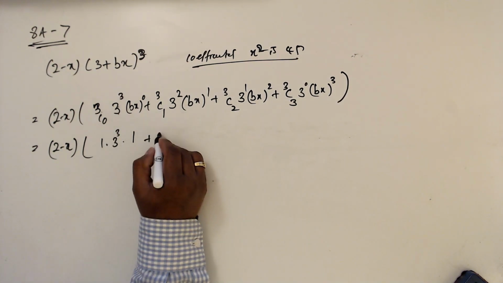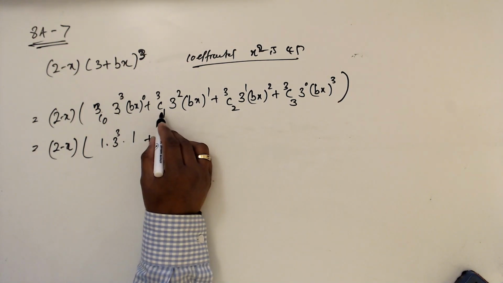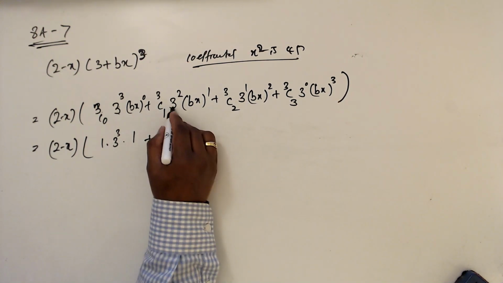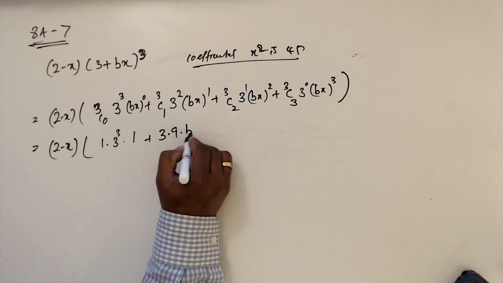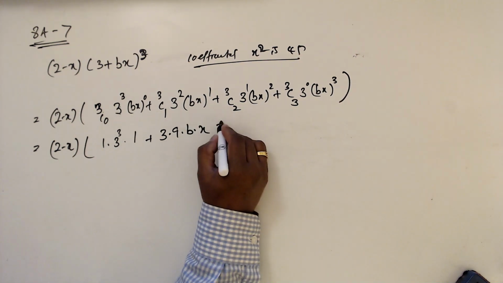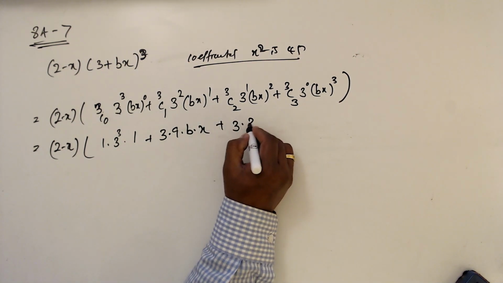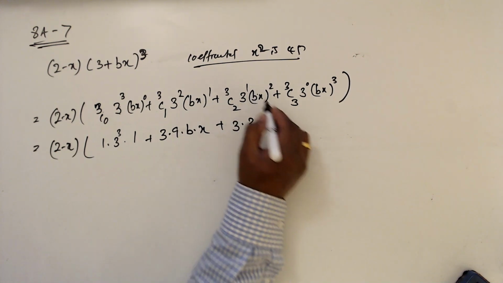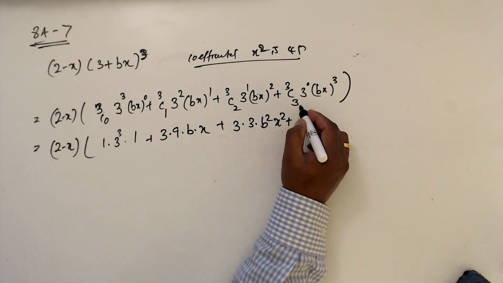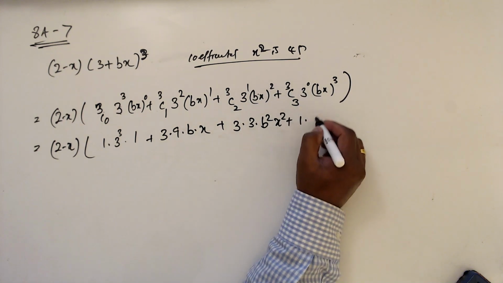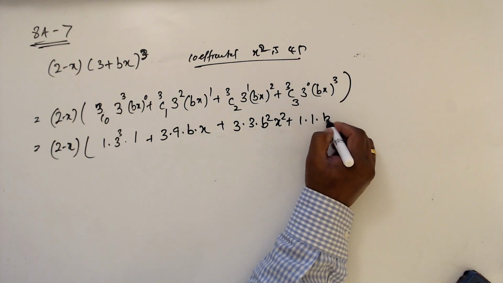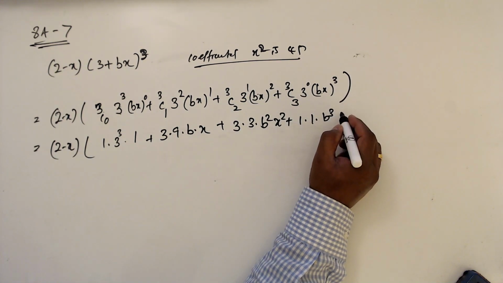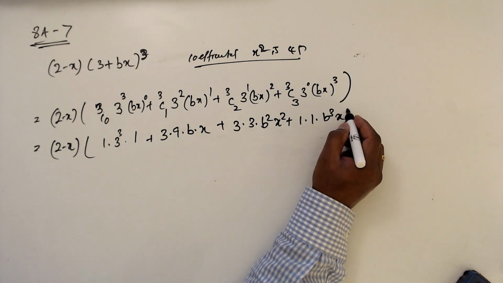Then from Pascal's triangle, 3C1 is 3. This is 9 times b times x. This is again 3 times b square x square. This is 1 times b cube x cube.